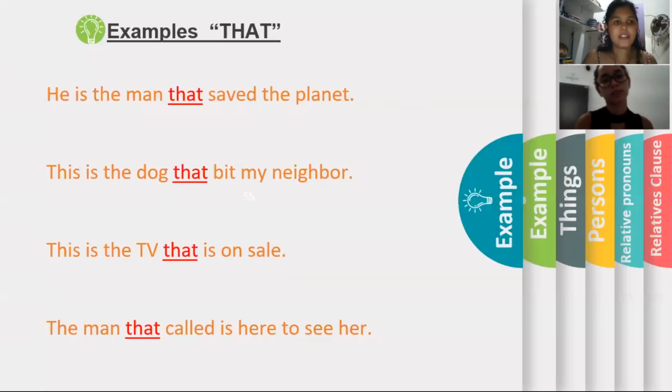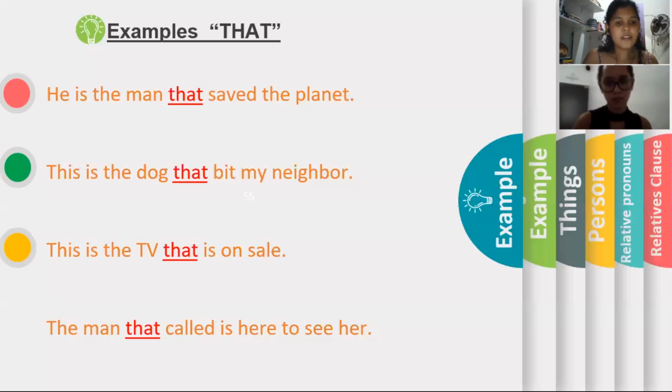For example, that. He is the man that saved the planet. In this case, that refers to people. This is the dog that bit my neighbor. In this case, that refers to an animal.